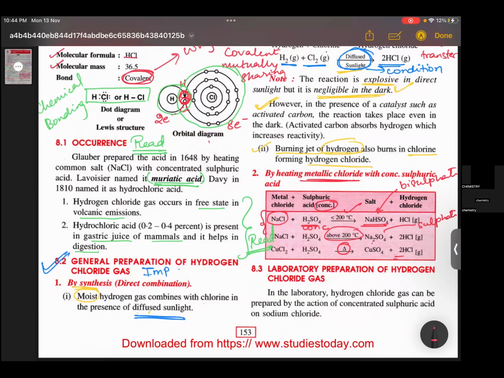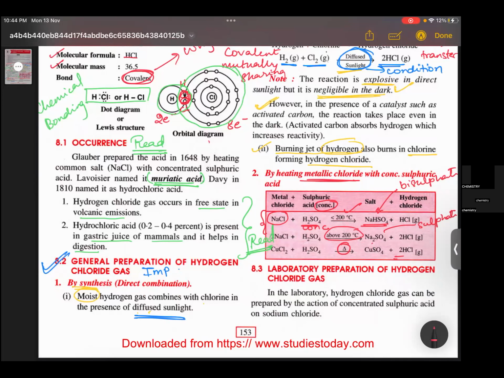Now let's move on to the next important topic, that is laboratory preparation of hydrogen chloride gas. This can be prepared by the action of concentrated sulfuric acid with sodium chloride. Okay, so this preparation has been broken down into a number of subtopics.